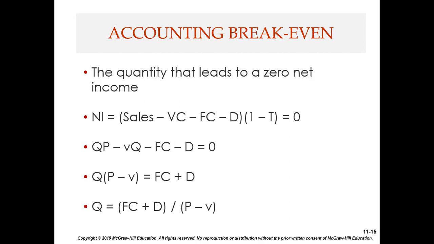If we do some algebra and move our variables around, we get the quantity that needs to be produced for an accounting break even. The final formula is: fixed cost plus depreciation divided by selling price of the product minus the variable cost. That will tell us how many we need to sell to create a net income of 0.